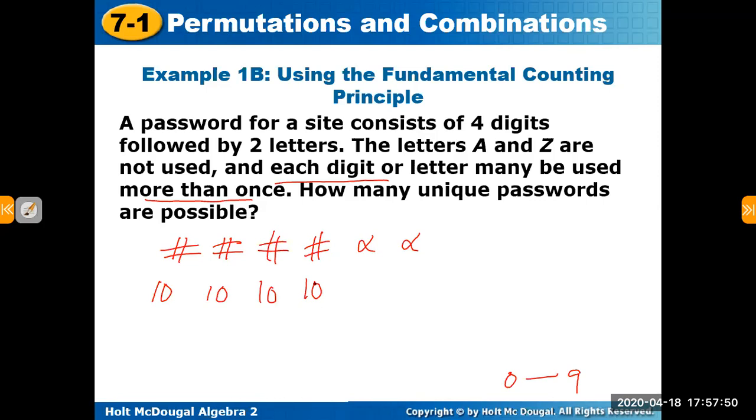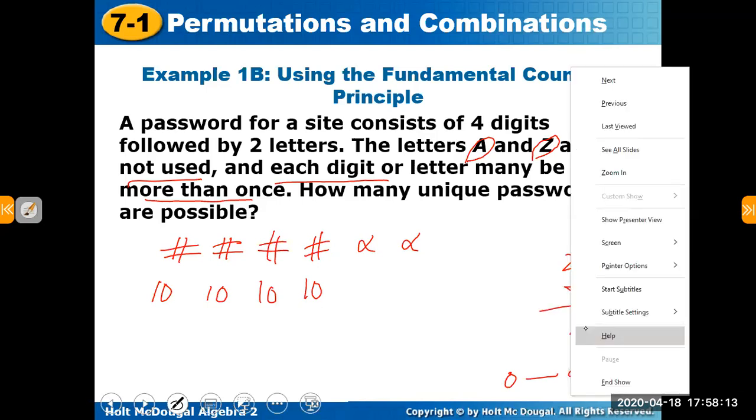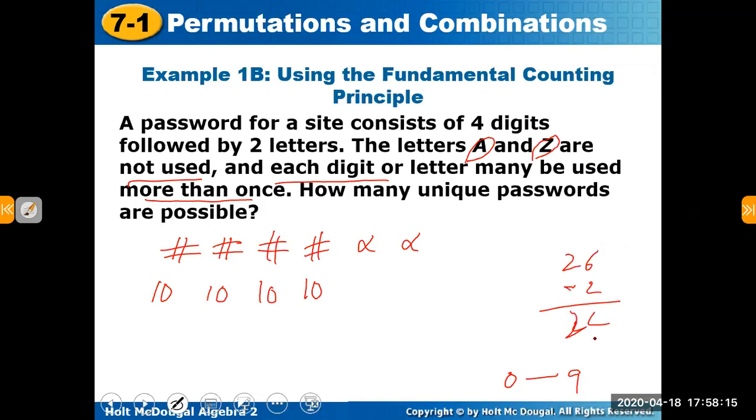When we come to letters, they said we are not allowed to use A and Z. So we have 26 letters normally, but since 2 of them are not being used, I'll subtract that, and I have now 24 options for letters. So this one I have 24 options, and this one I have 24 options.